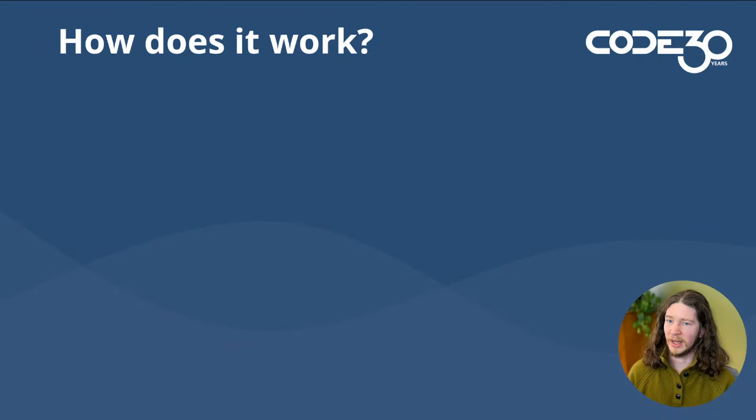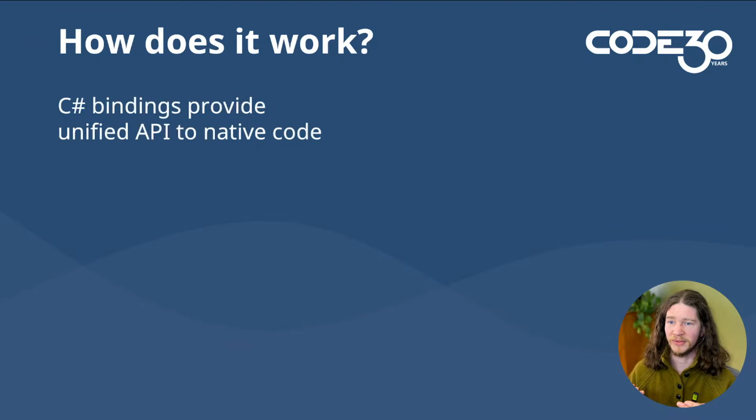And then in our main NuGet package, the Photino.net package, we have C# bindings that provide our hooks into that native code. And that's what we're calling.